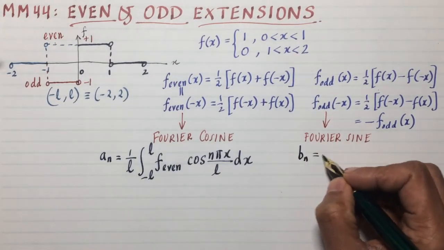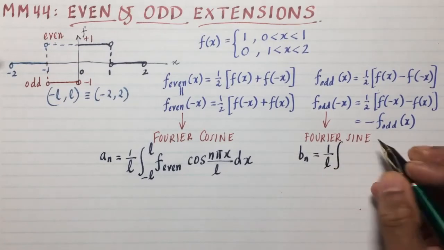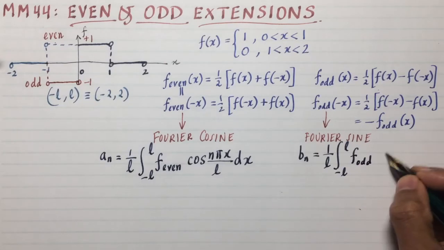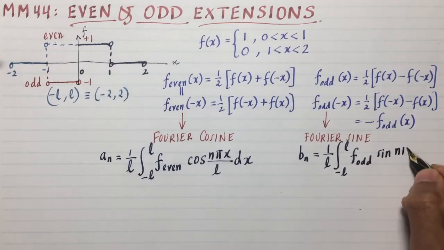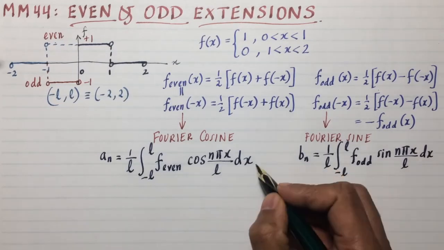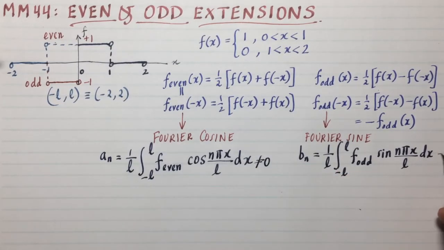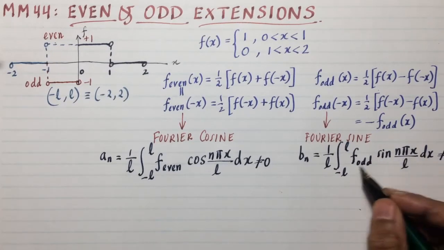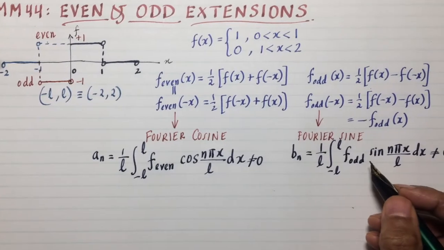Similarly, here I get b n equals 1 over L integral minus L to L f odd times sine n pi x over L dx, and that is also not equal to 0, because an odd function times sine n pi x over L, which is another odd function, gives you an even function. The product of two odd functions is an even function.